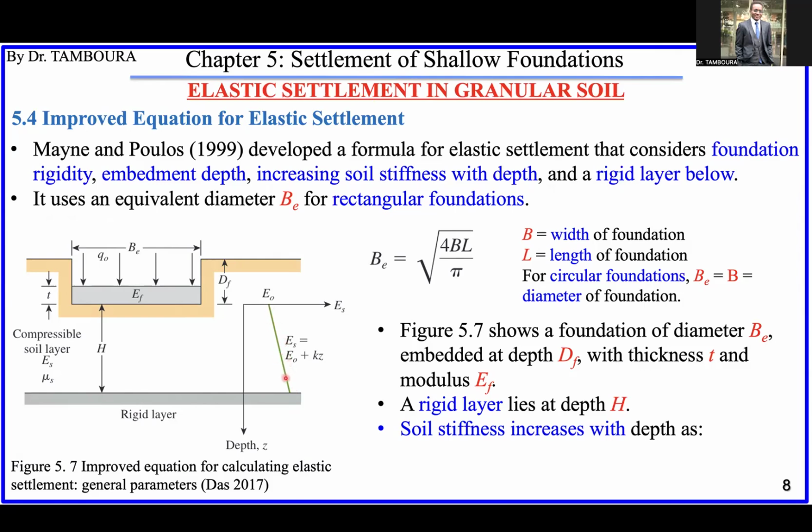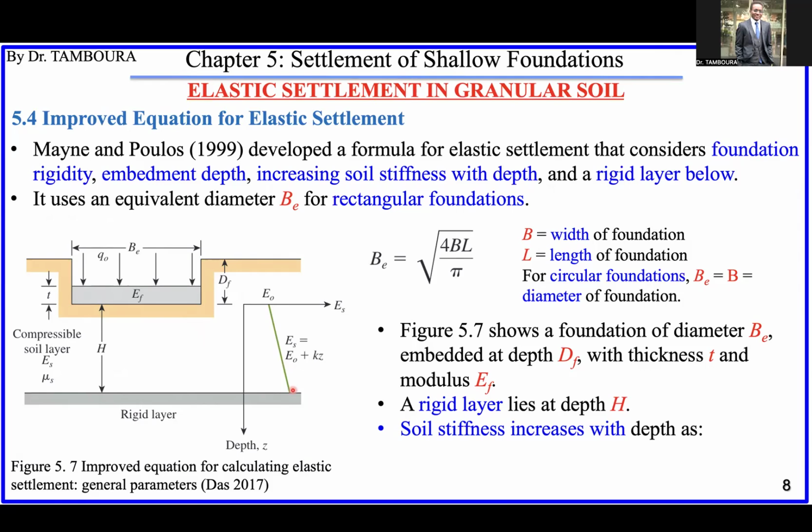The slope of the line is maybe K, like this. So ES is not a constant. It is increasing when you go deeper. Okay? So if you go to the surface, it will become like 0 here. Because we start here from the base of the foundation, since this soil is the one that is being compressed. Okay? So this line is showing the variation of the modulus of elasticity of the soil.